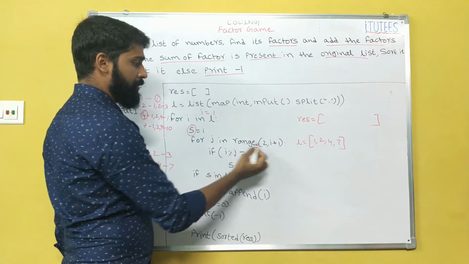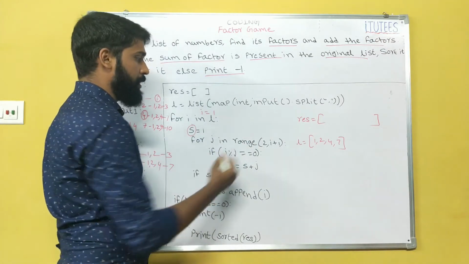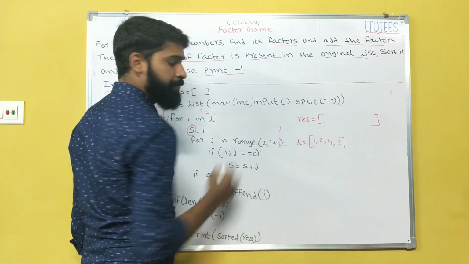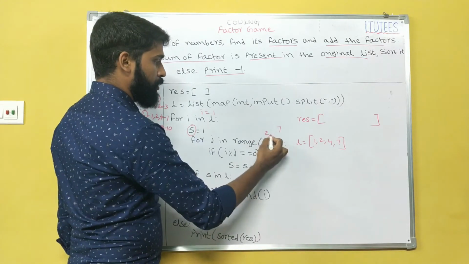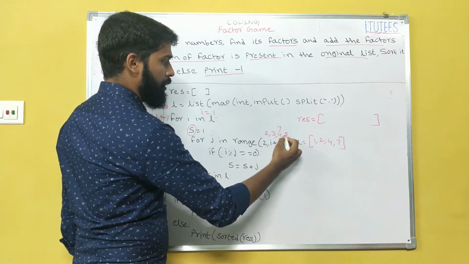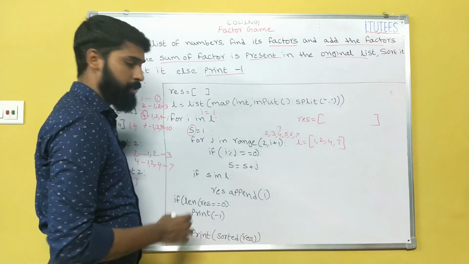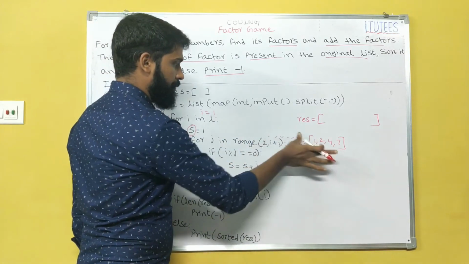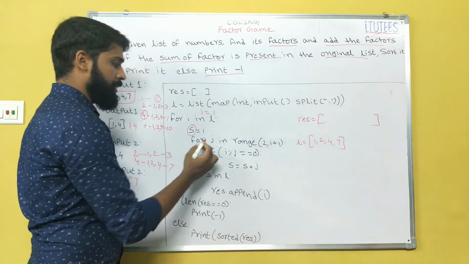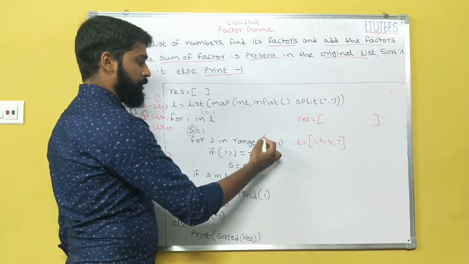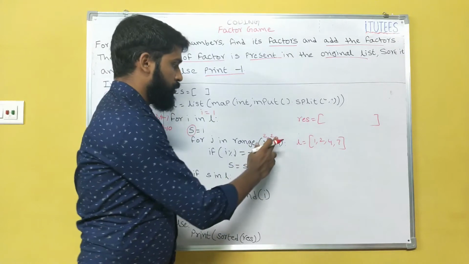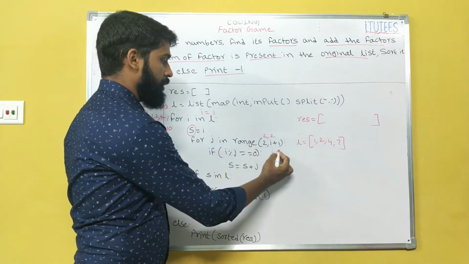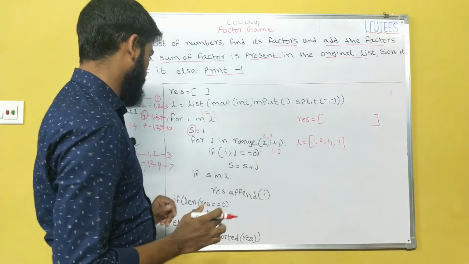For J in range, I am starting from 2, since 1 is already added. In this case, range of 2 to I plus 1, that is 2 to 2, is empty. So we don't enter into the loop.